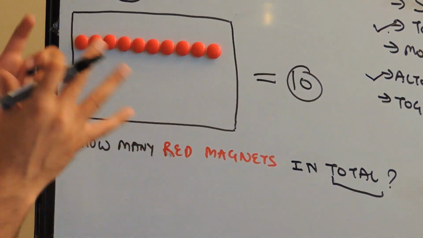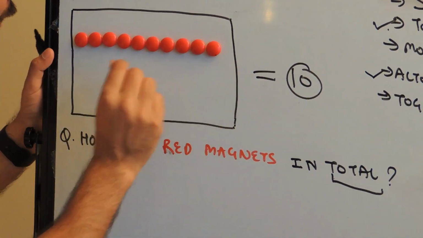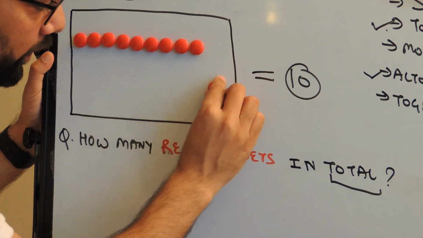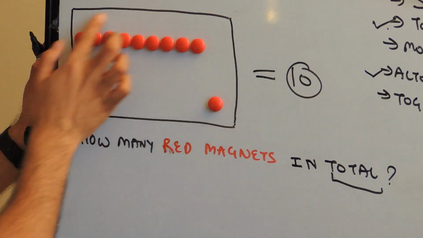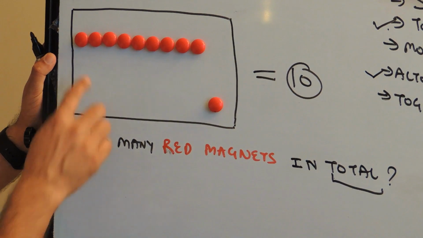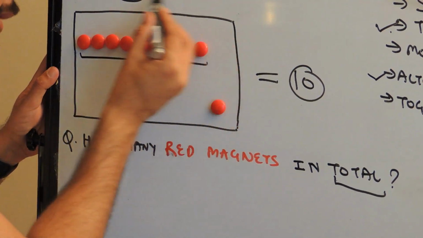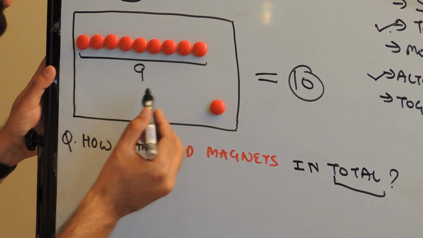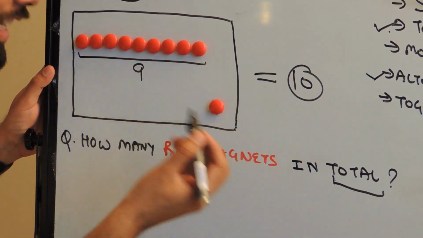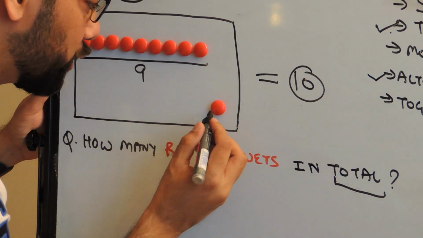We are keeping all the magnets inside the box. So tell me one thing. If I keep this one magnet here, how many magnets inside the box? 9. 9 is this, yes, but inside the box in total, how many? 10. Yes, absolutely perfect answer, Harshu.